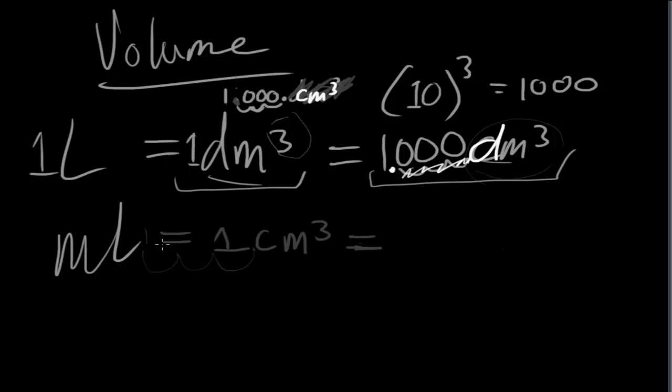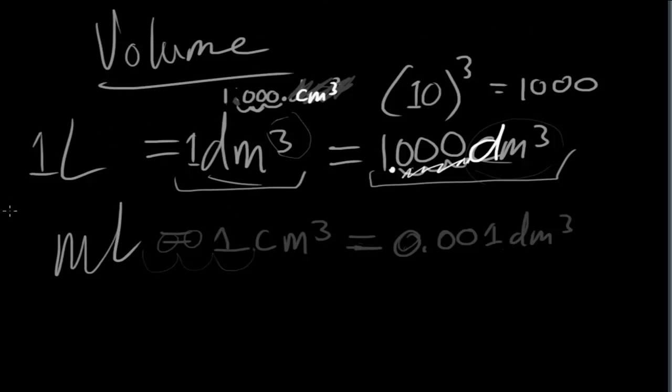Hold on, let me fix this. There'd be 2 zeros here, so that would equal 0.001 dm cubed. Alright, 1, 2, 3, yeah, 0.001 dm cubed.